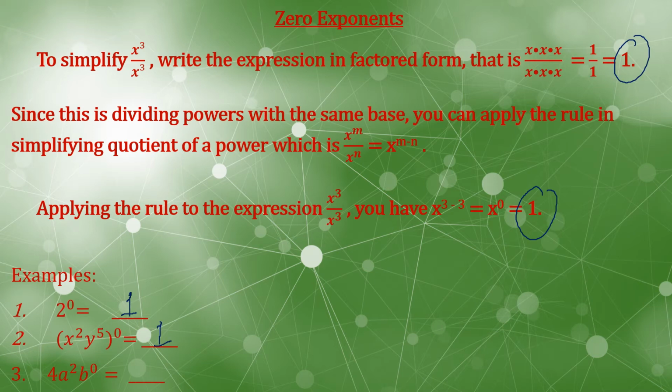Another one, 4a squared b raised to 0. So this is equal to the product of 4 times a squared times, what is the value of b raised to 0? That is 1. So this is now equal to 4a squared.